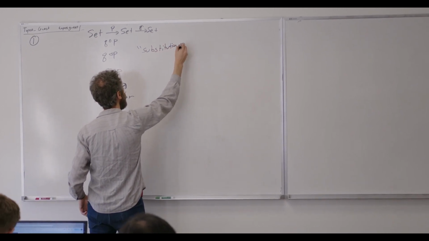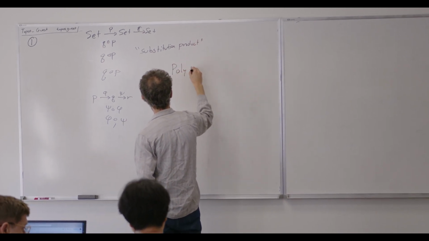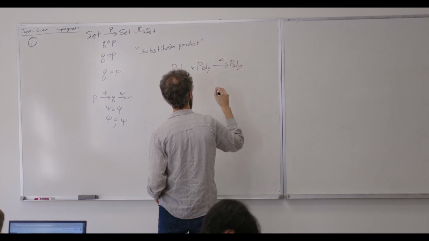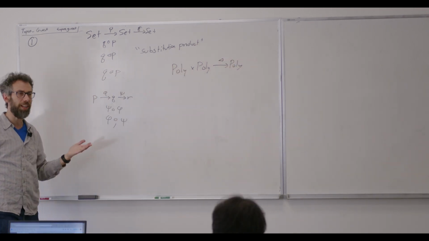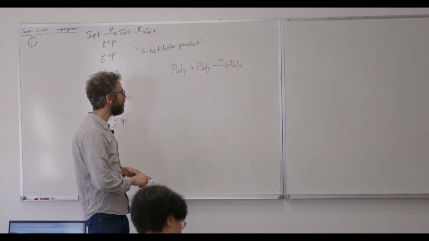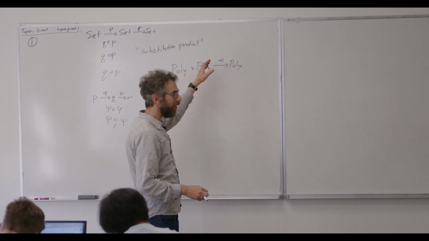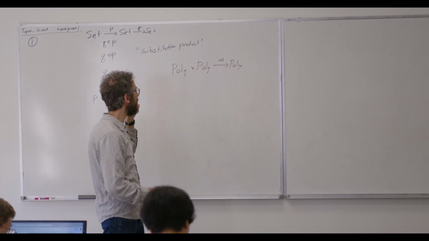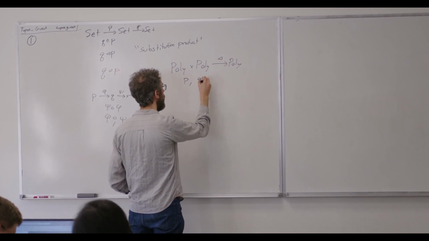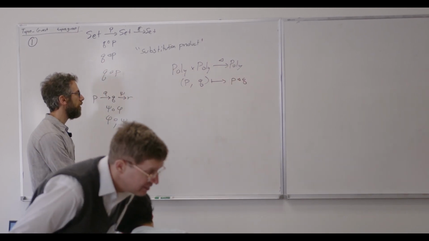It's a monoidal product on poly. So it takes poly times poly to poly. Sometimes I call it tri for triangle, because in my LaTeX code I write \tri. It's not tri like try. It's just really long to say substitution product versus tri. So it takes P and Q and sends them to P tri Q, or P composed Q, or P substitute Q.